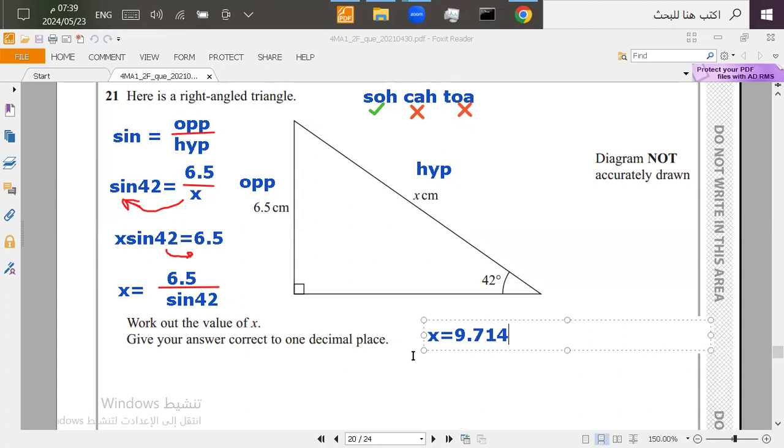The 1 is small, so x equals 9.7 without adding anything to the 7. Now, let's move on to the next question. As I said, focus on the trigonometric ratio and which one to use, and focus on algebraic movements because they're very important. Even rounding is very important because if you don't round, you're going to lose 1 mark.